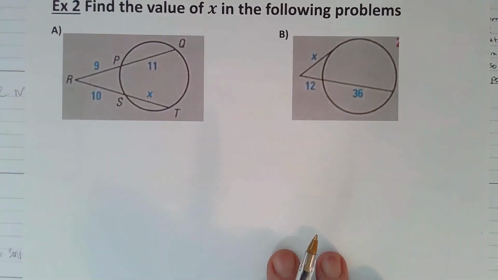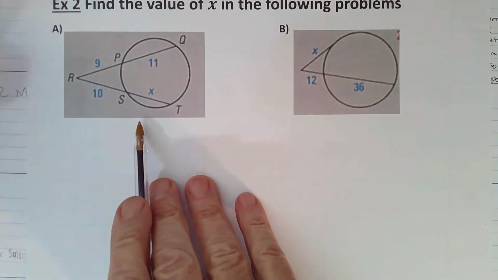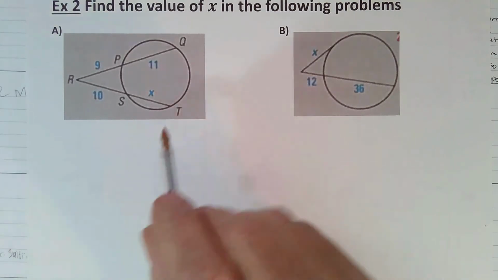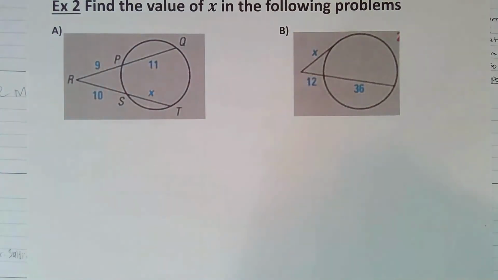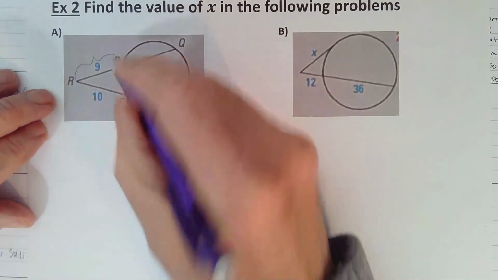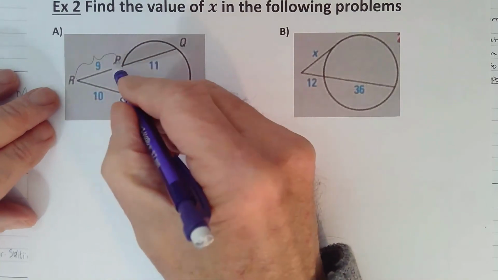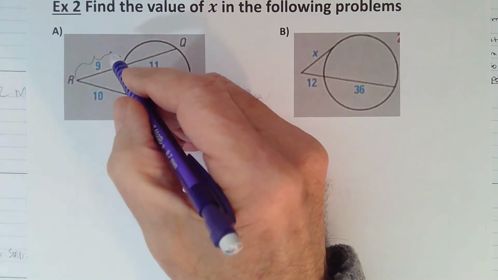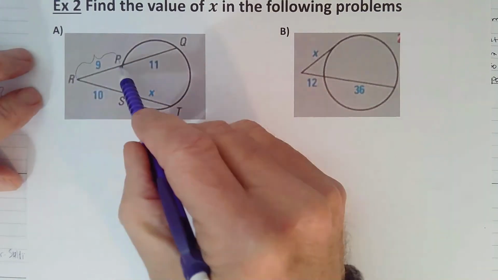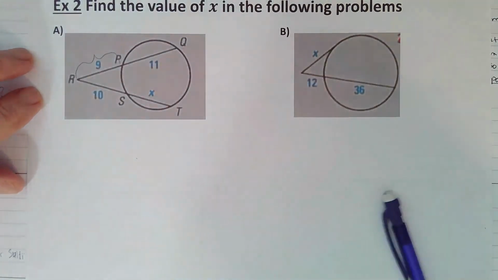So here are two problems. And this is a secant problem. And if it's a secant problem, then if you remember, for secant RQ, we're going to multiply PR times the whole segment RQ.